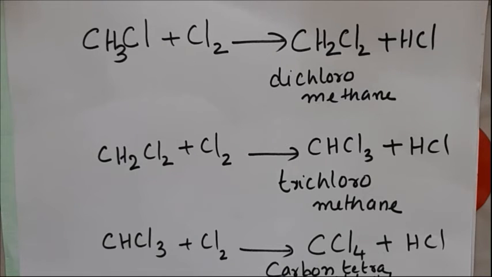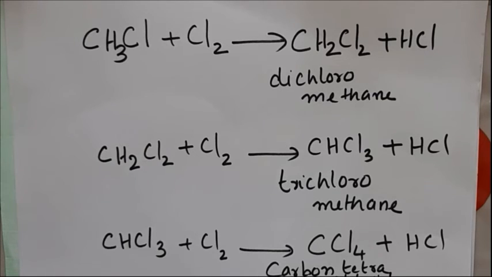So what is a substitution reaction? A reaction in which a hydrogen atom of a saturated hydrocarbon is replaced with a molecule or with an atom like chlorine, bromine, iodine, which is a halogen, to give an alkyl halide.